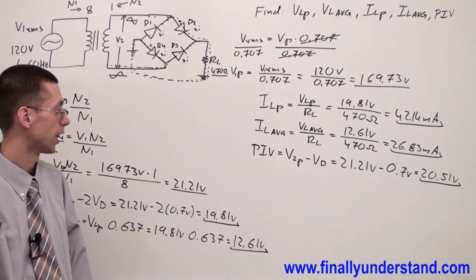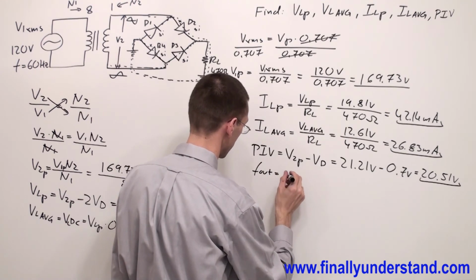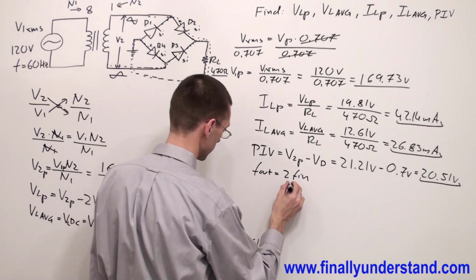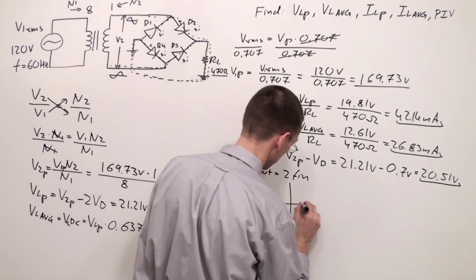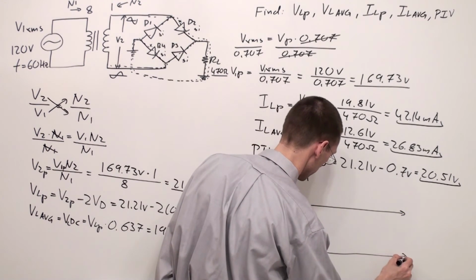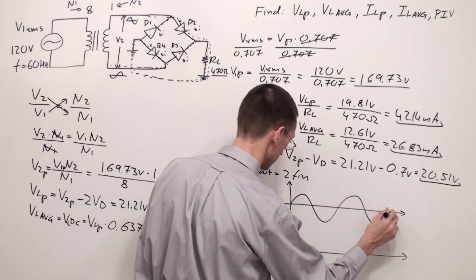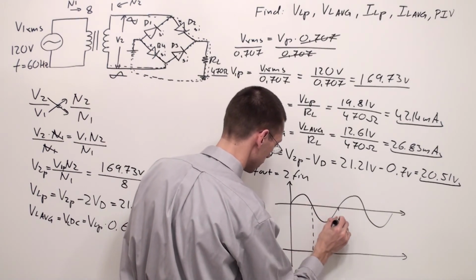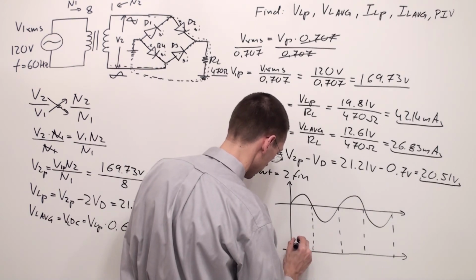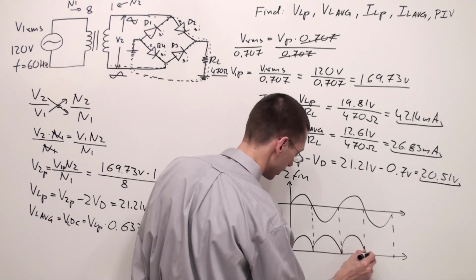If you want to find output frequency, F out is equal to 2 times F in. Again, someone is going to ask why. If you look at the oscilloscope and compare the secondary voltage and your load voltage, you are going to have waves looking like these two.